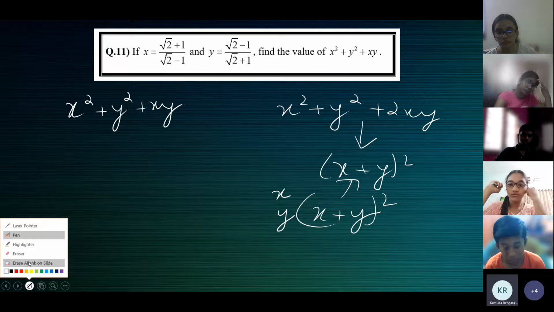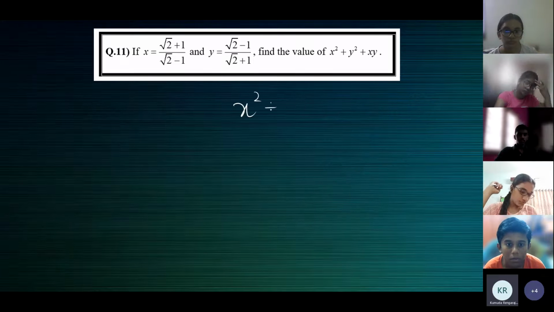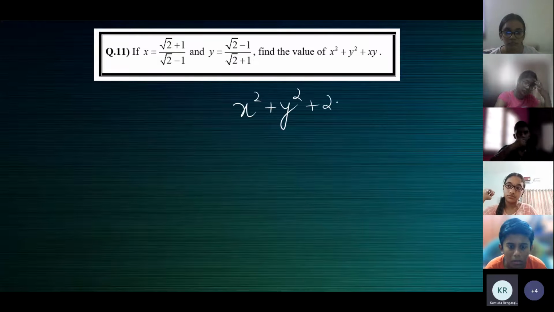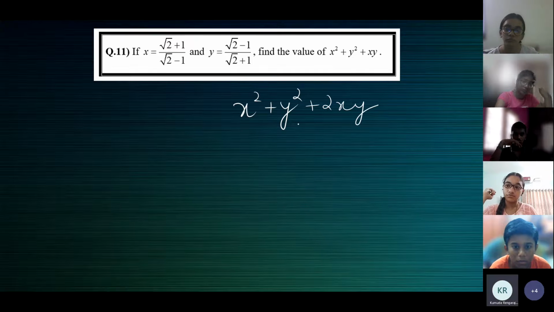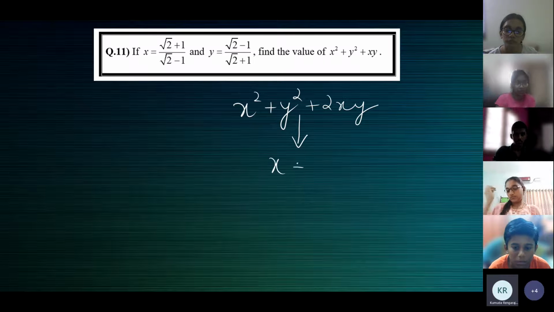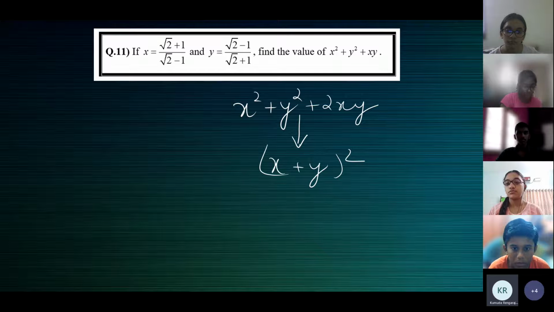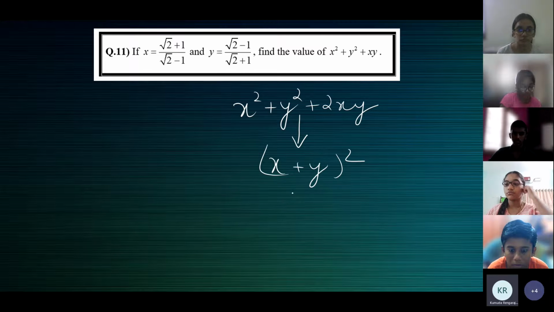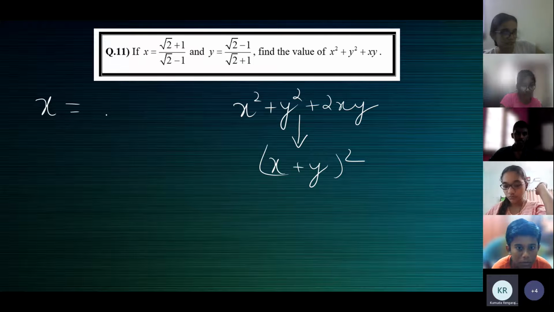I'll do it again. Supposing we have to find the value of x squared plus y squared plus 2xy. This is nothing but x plus y the whole square. So what will be the procedure? I should have x with a rational denominator.